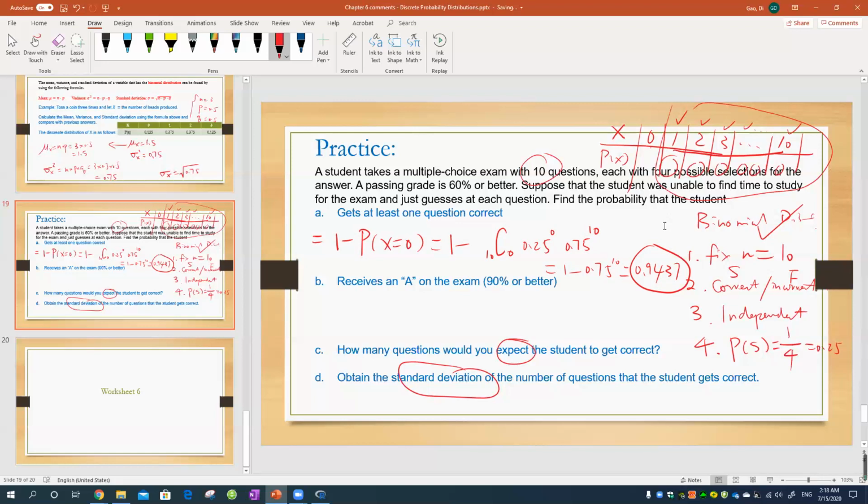And then part B, receive an A on the exam, 90% or better. So 90%, so got 9, which is okay, or 10 correct, which is okay. So the probability of x equals 9 plus the probability of x equals 10.